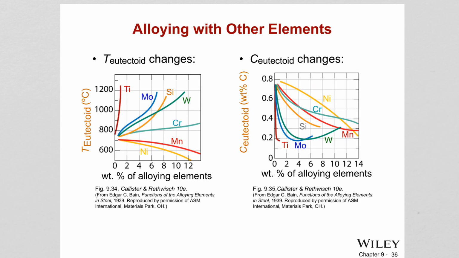And we see how the addition of other alloying elements also affects the eutectic composition. They are also changing the eutectic composition on the carbon iron phase diagram. So their effect can be seen in here, right? So with titanium, all elements seem like they are decreasing the eutectic composition.